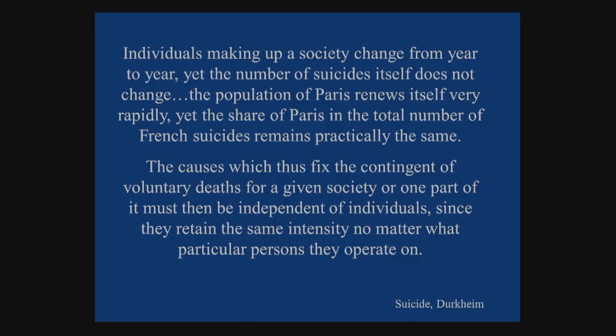And then he says the population of Paris renews itself very rapidly, yet the share of Paris in the total number of French suicides remains practically the same. So the causes which fix the contingent of voluntary deaths for a given society, or one part of it, must be independent of individuals, since they retain the same intensity no matter what particular persons they operate on.